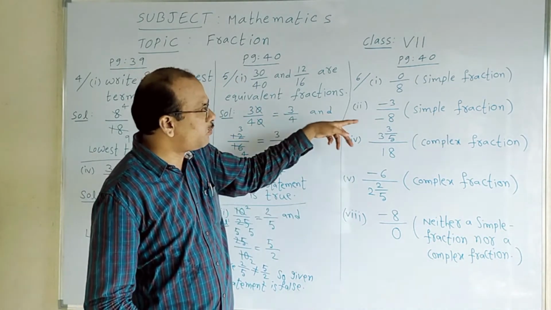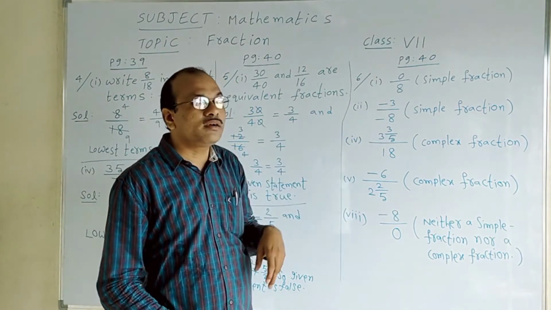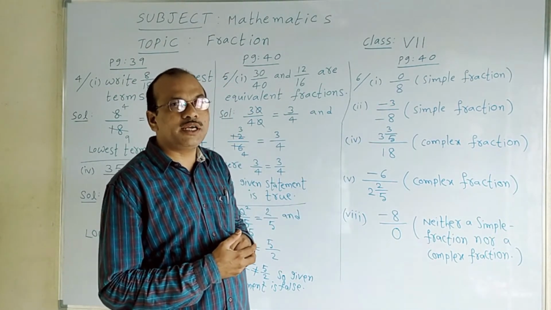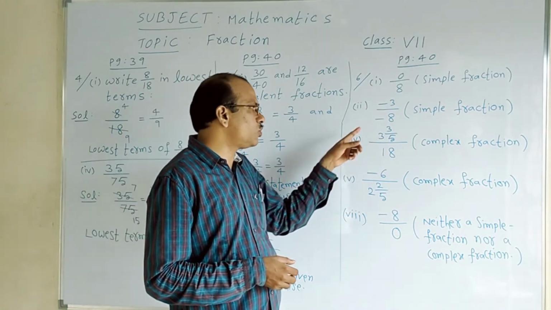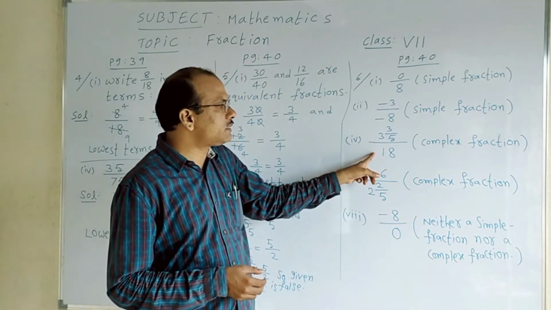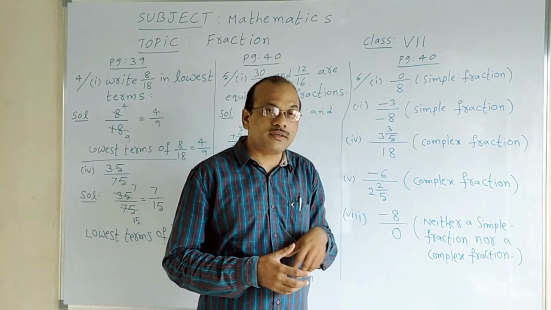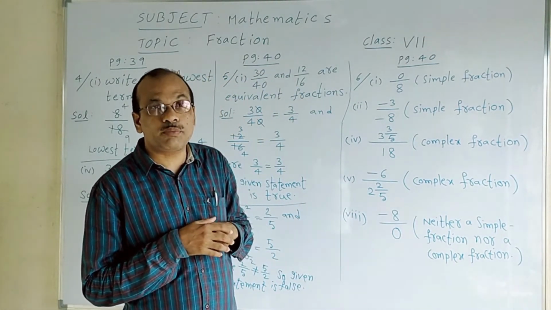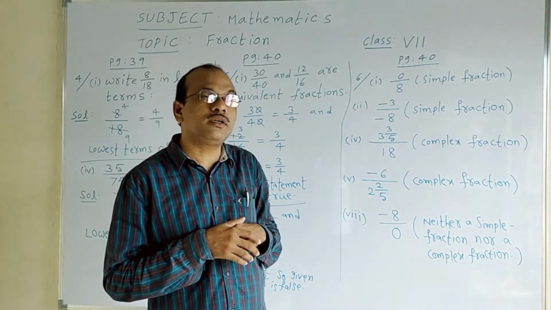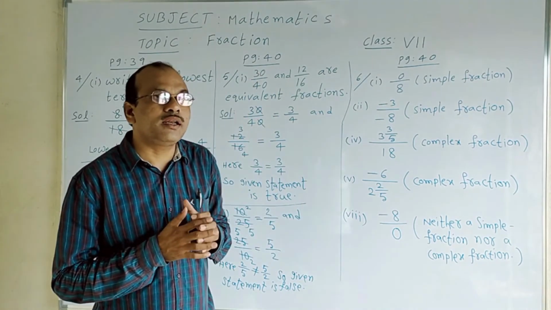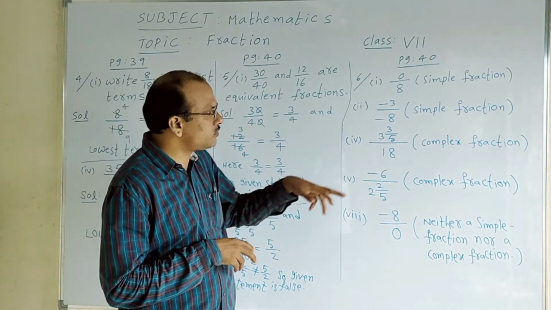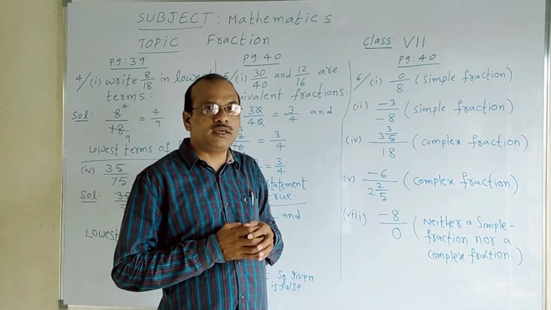That means both the numerator and denominator are fractions, so the answer is a complex fraction. As I said in the definition of a complex fraction, if the numerator and denominator are fractions, then that fraction is called a complex fraction. Is it clear for you?